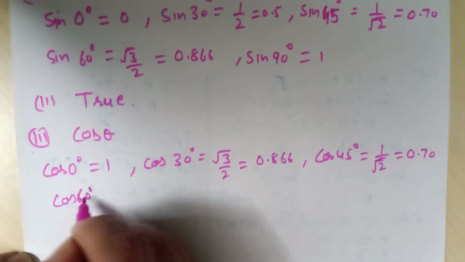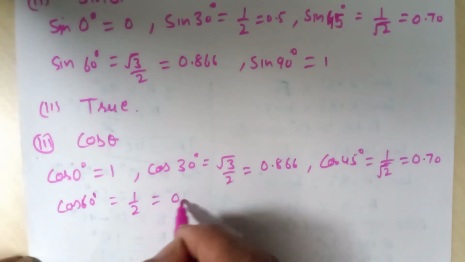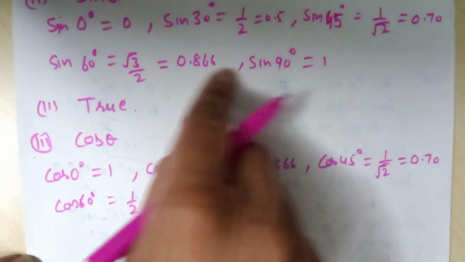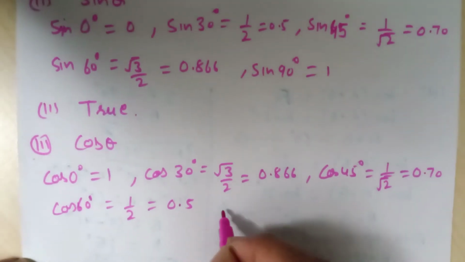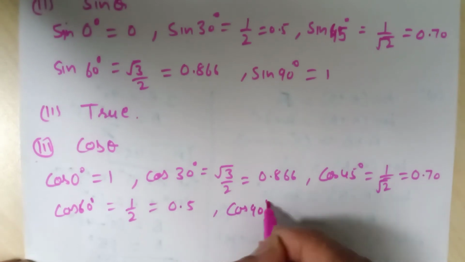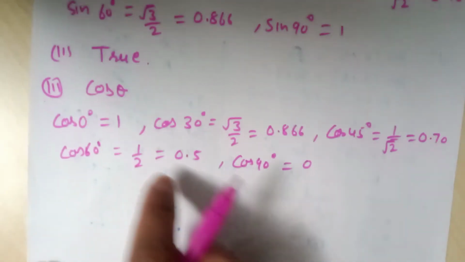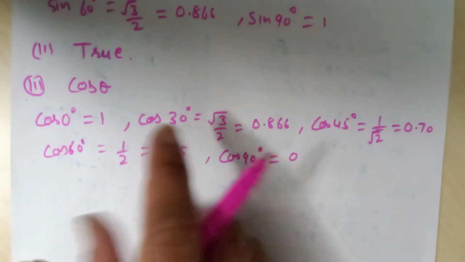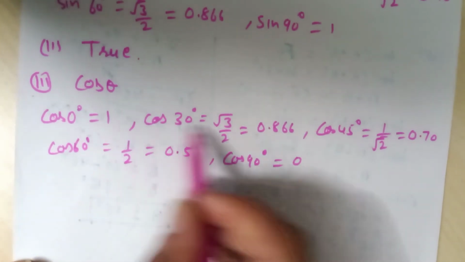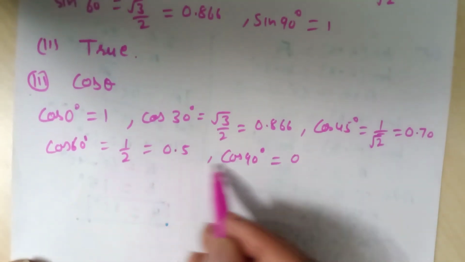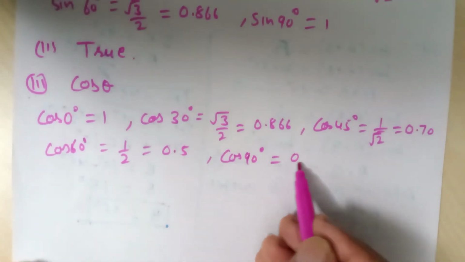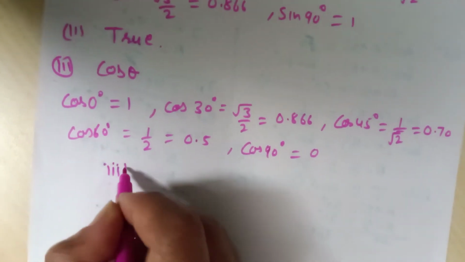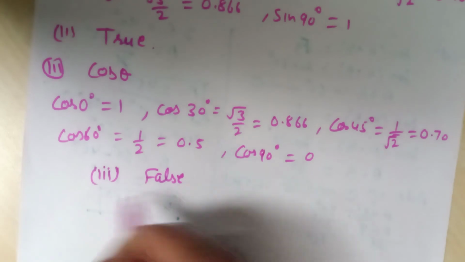Cos 60 degree is equal to 1 by 2, as the values of cos are the reverse values of the sine, and cos 90 degree is equal to 0. The value of cos theta is not increasing as the theta is increasing, in fact it is decreasing. At 0 it is 1, and after that it is decreasing, and at 90 degree the value of cos is 0. So the option third is false here.